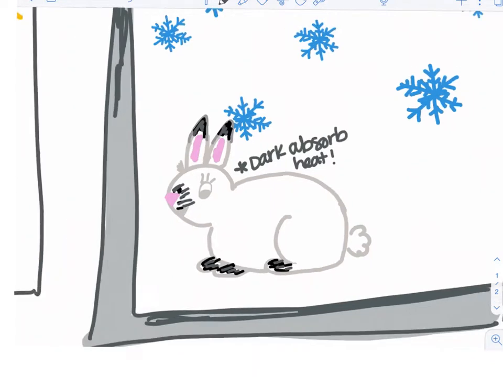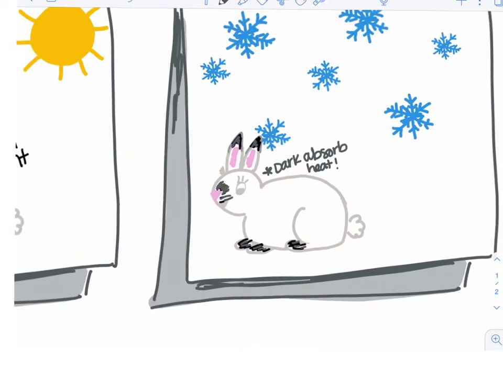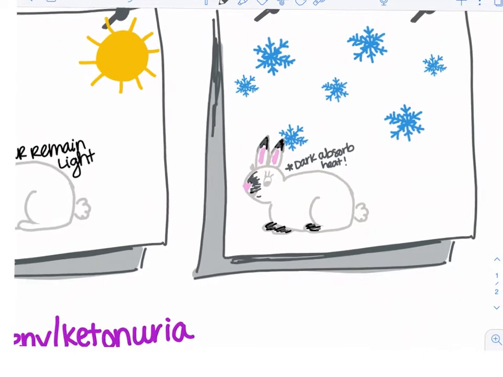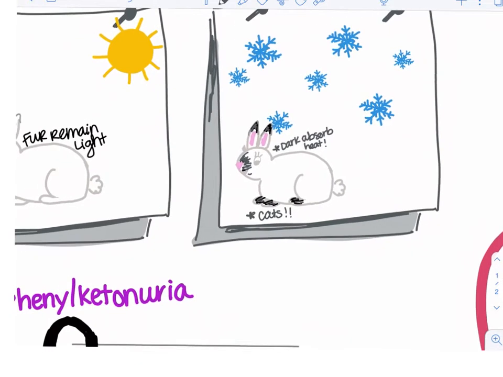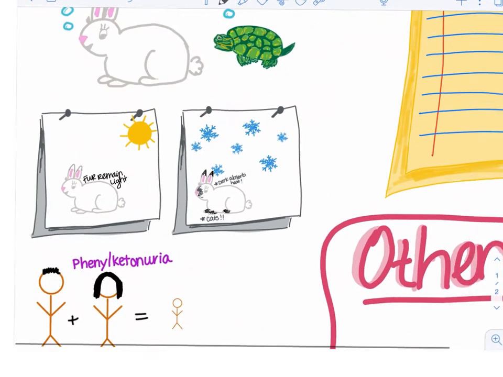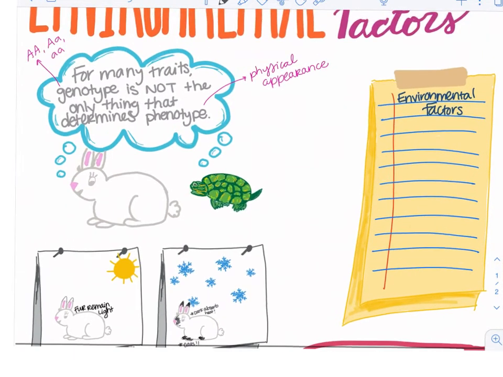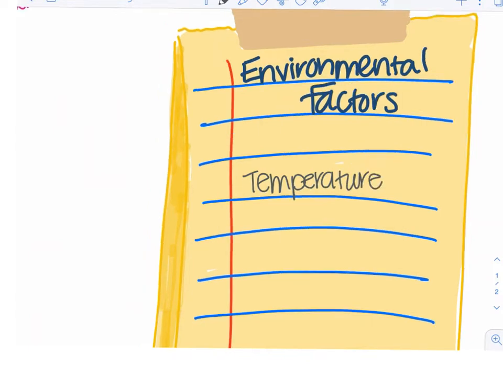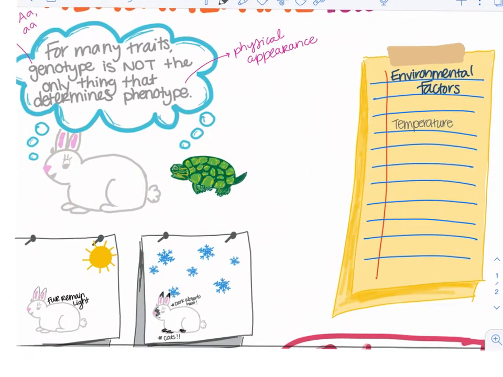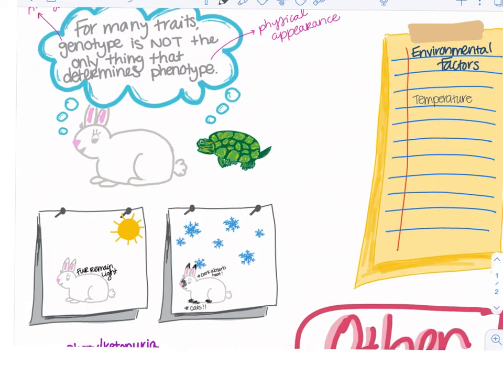And so in those cold regions, our bunny grows darker fur to help it stay warm. There's also a species of cats that does the same thing. The fur color is actually determined by temperature and not only by the genotype. So temperature is one of the environmental factors that affects phenotype. So we're adding temperature to our list.